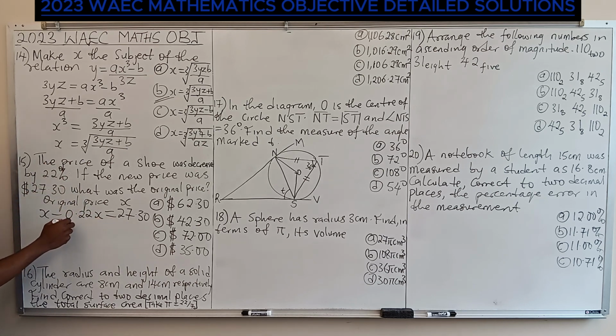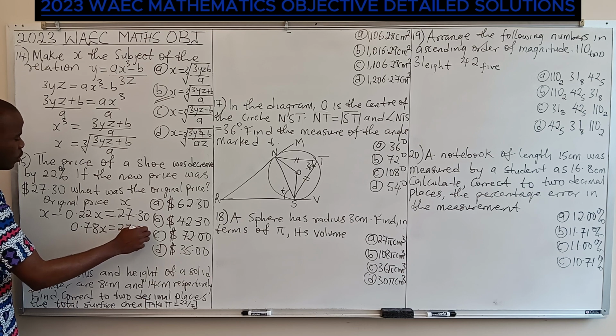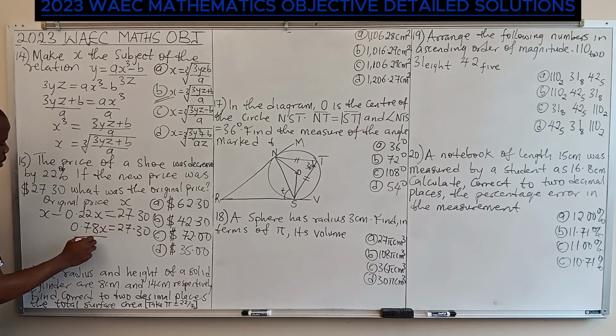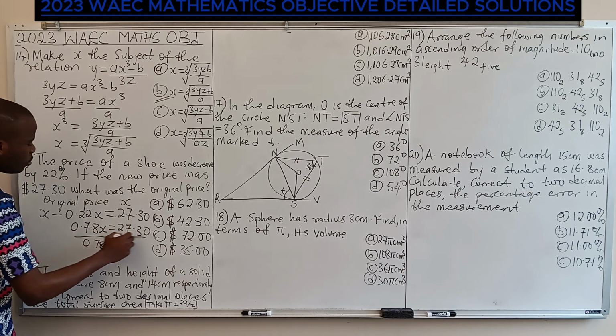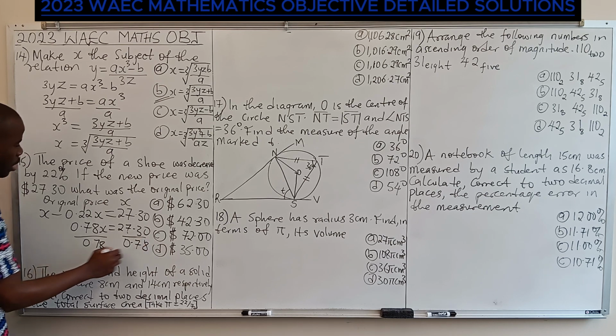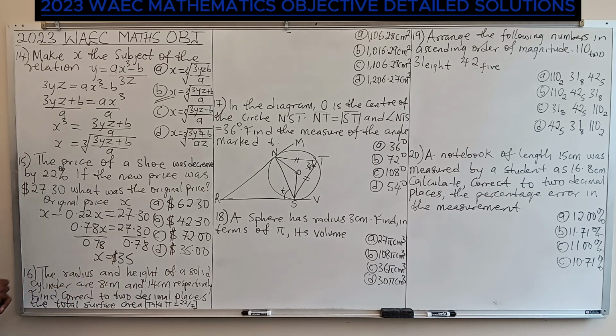If you subtract this, you have 0.78x is 27.30. Divide both sides by 0.78, and when you do that, you have x as $35.